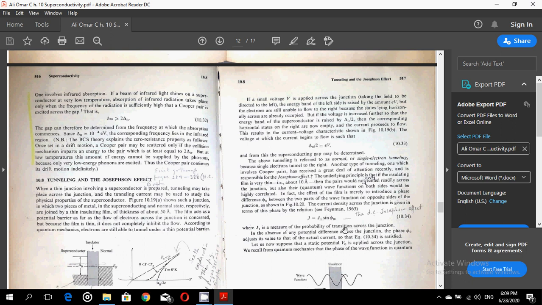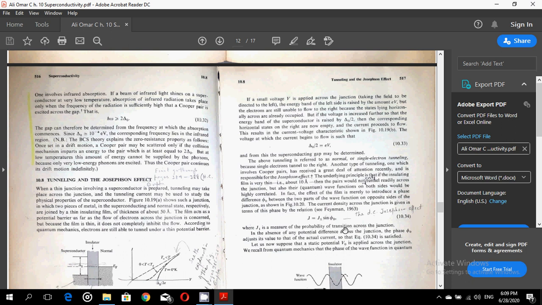But if the voltage is increased further so that the energy band of the superconductor is raised by delta naught over 2, then the corresponding horizontal states on the right are now empty and the current proceeds to flow.